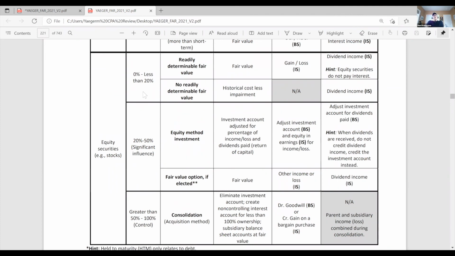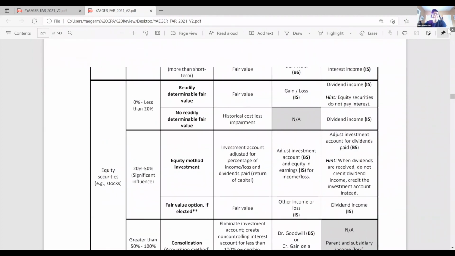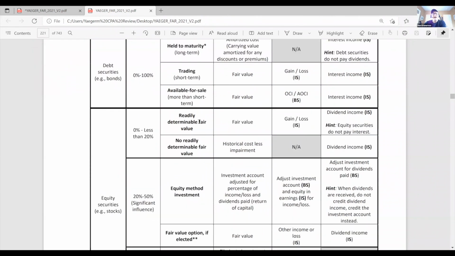Now, if you or your company makes an equity investment, buying common stock in another company, and you own less than 20% of the outstanding common stock of that company, and that common stock has a readily determinable fair value, it's quoted on the stock exchange, or you can get a fair value from it somewhere, it gets recorded on the balance sheet at fair value.